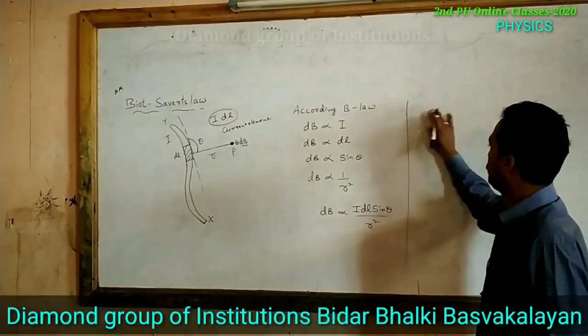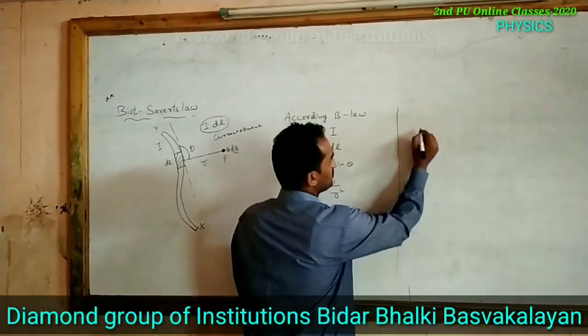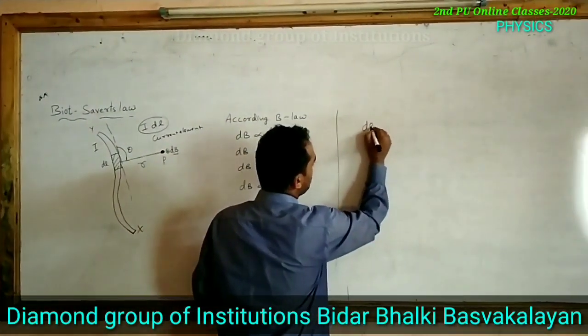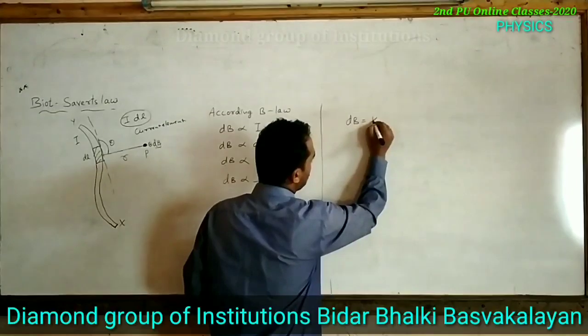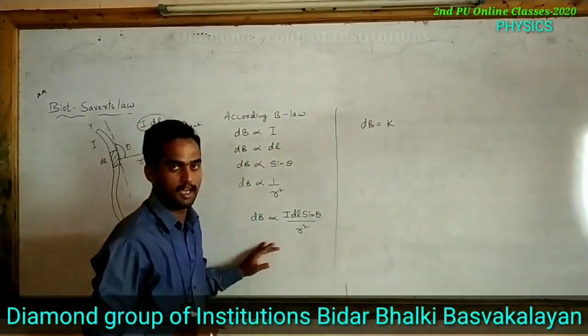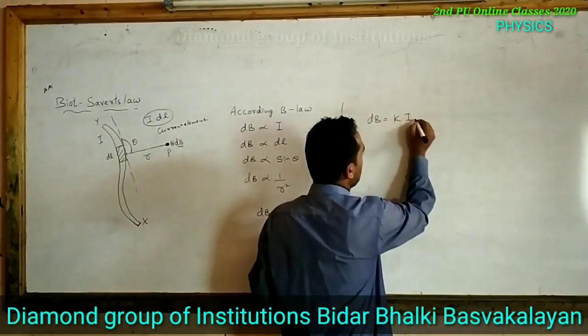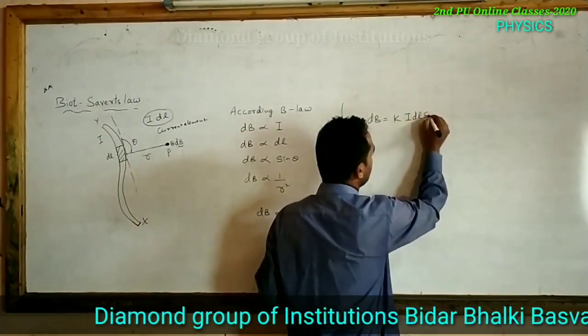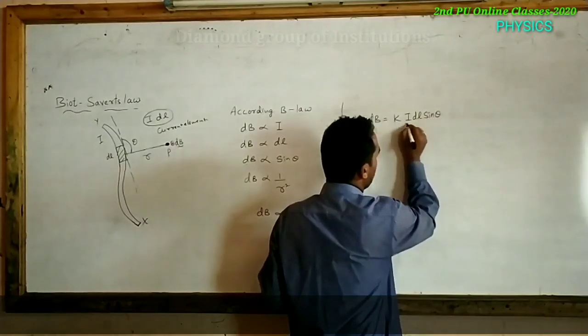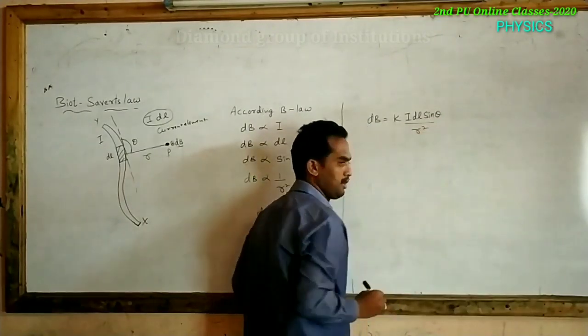If you use a constant, dB equals k, the constant of proportionality, times I dl sine theta divided by r square.